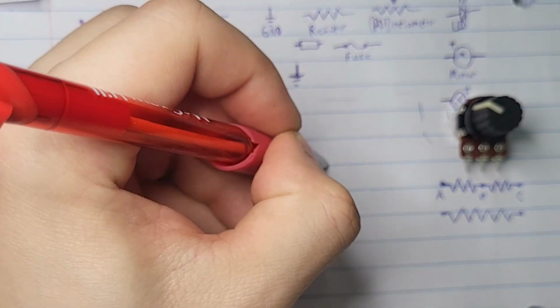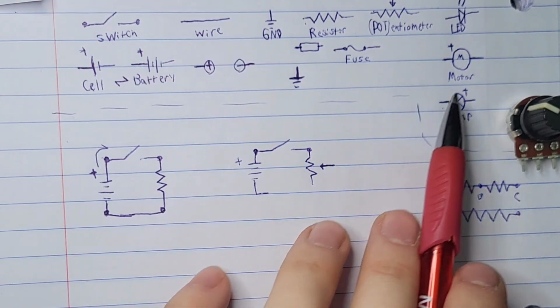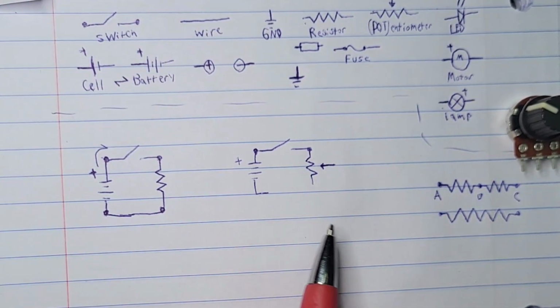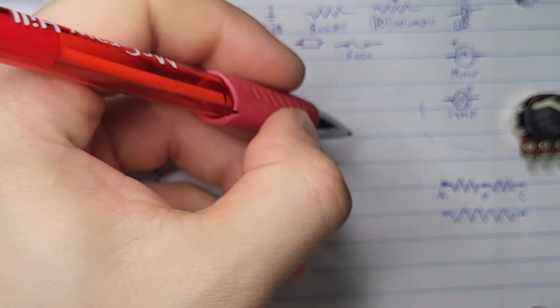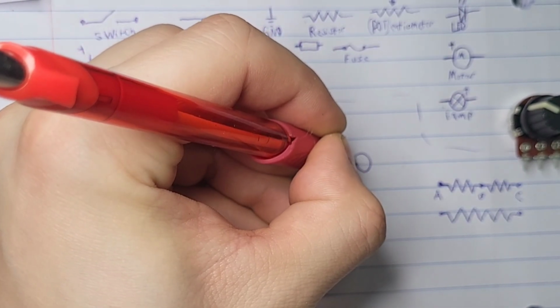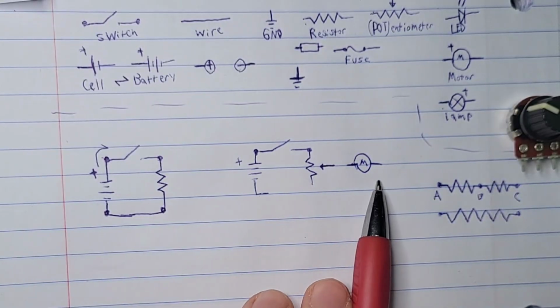Now, let's move on to the motor. We're going to be changing the speed of the motor with the switch and potentiometer. So the way we're going to do this is, let's first draw the motor. So we have the motor here.